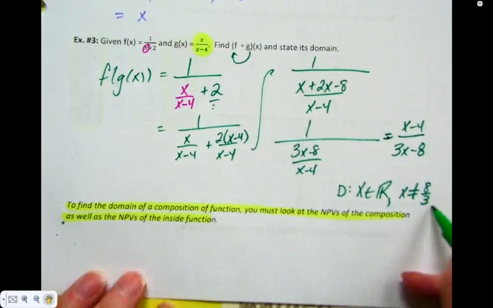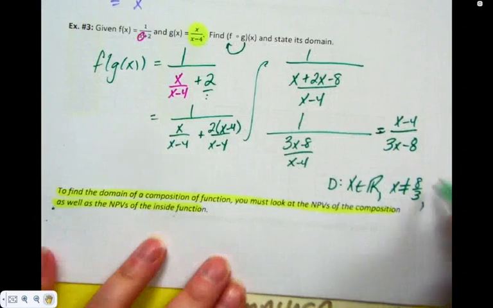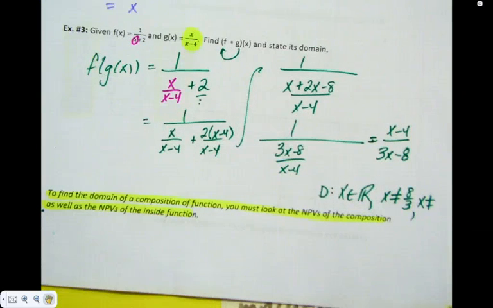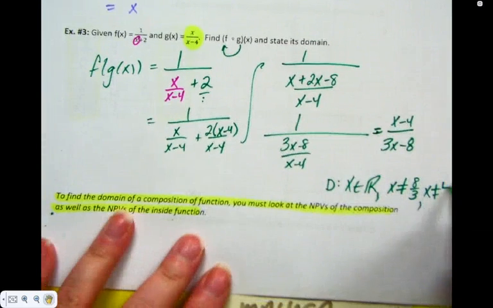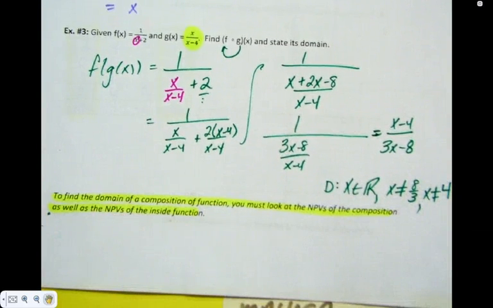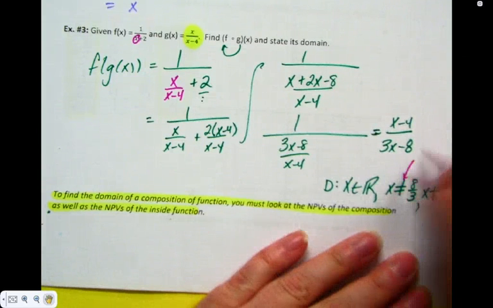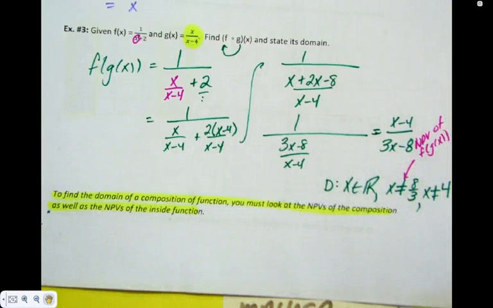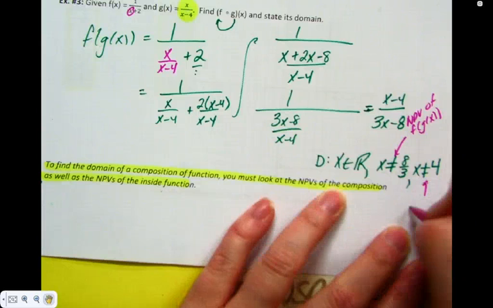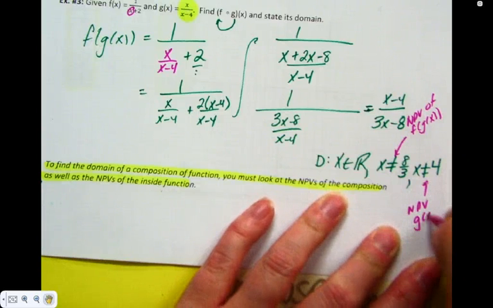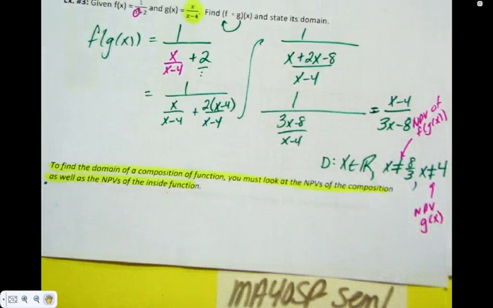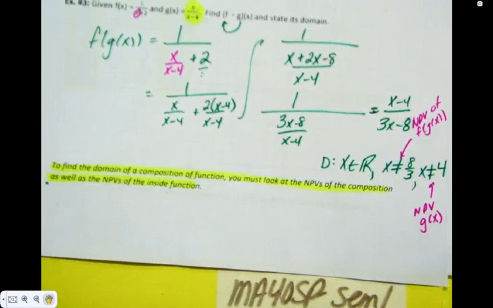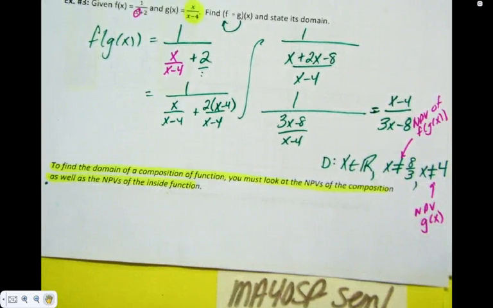So it's not just that x can't be 8/3, x can also not be 4. Just making a note, this is the NPV of f of g of x, and this is the NPV of g of x, which is the inside function. That's the way domain's always going to work with a composition of functions. You take the composition and the inside function.